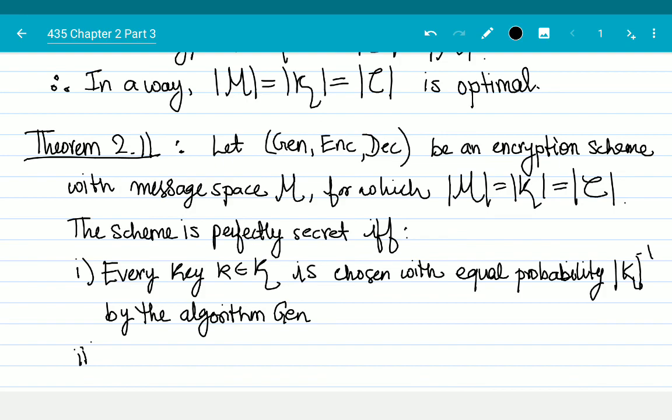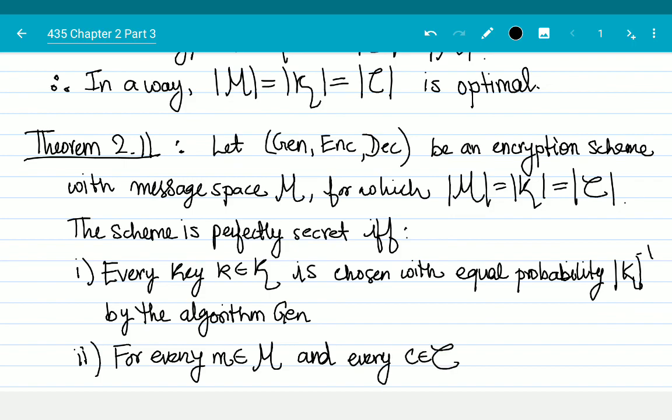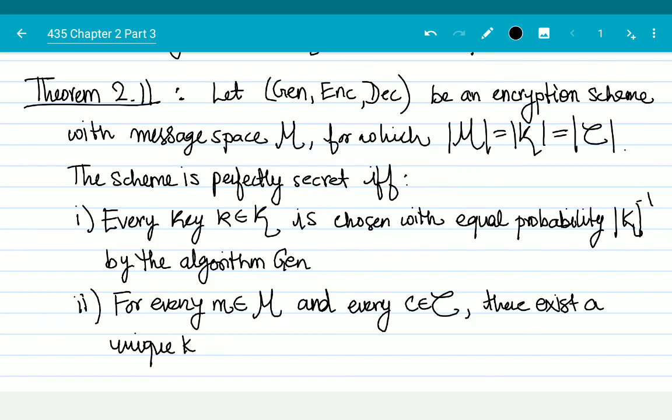And second, for every message m in M and every ciphertext c in C, there exists a unique key k in the key space K such that encryption with key k of m is equal to c. Okay.